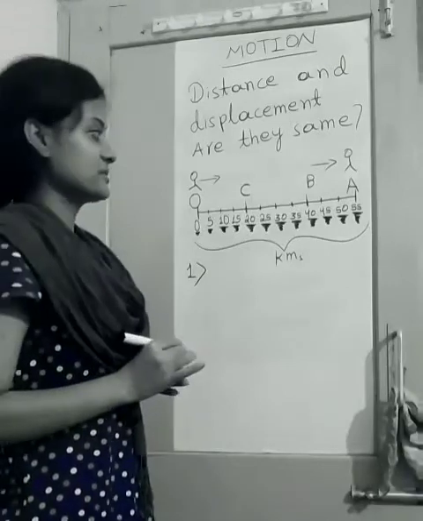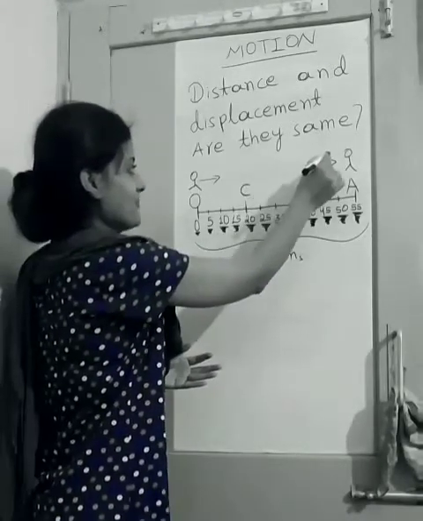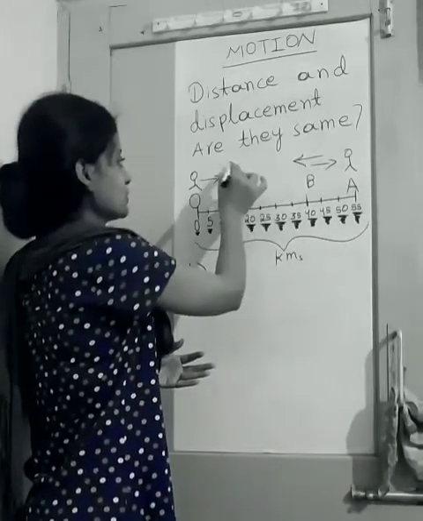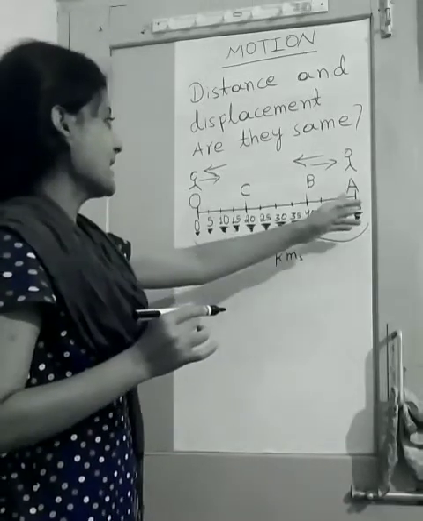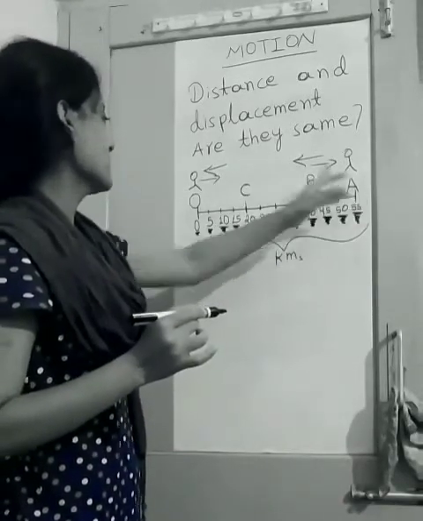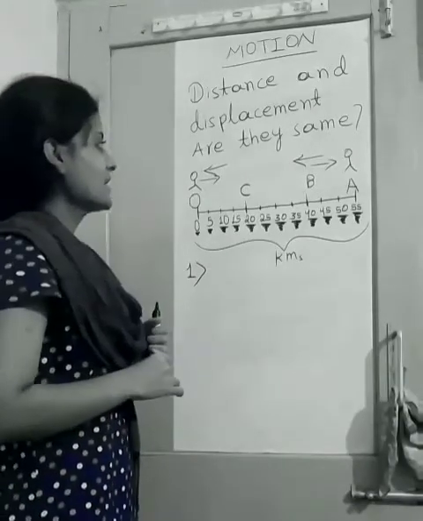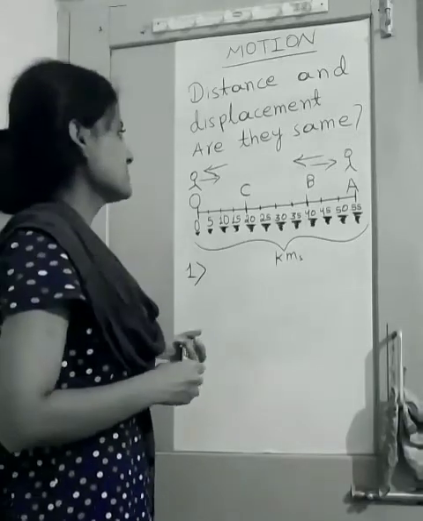Then again he came back in a straight line to O. That means first O to A and then back from A to point O. Clear? Now think, how much distance has he covered?